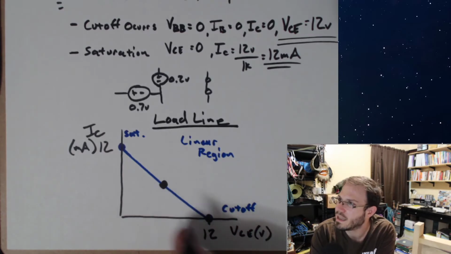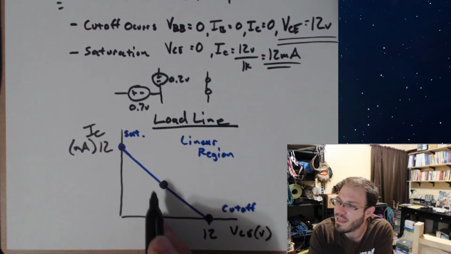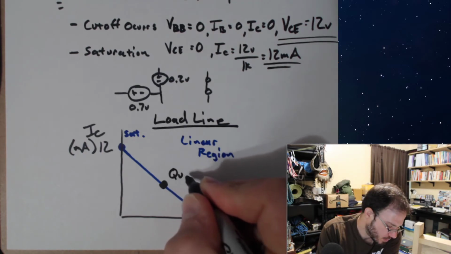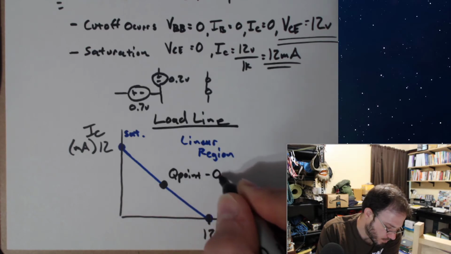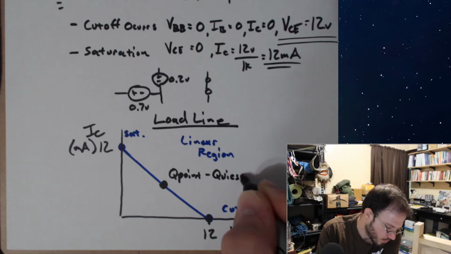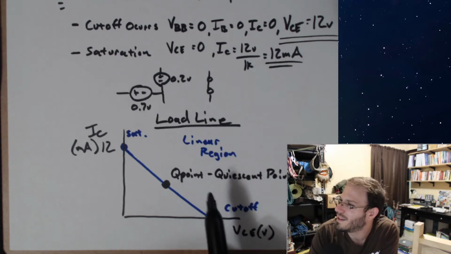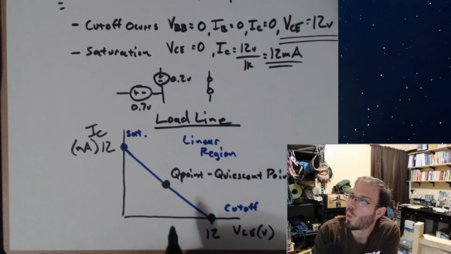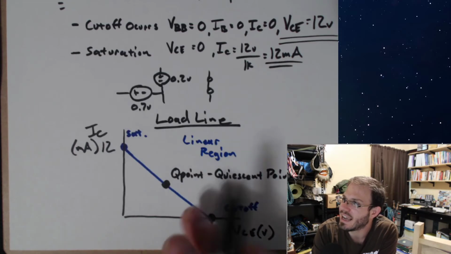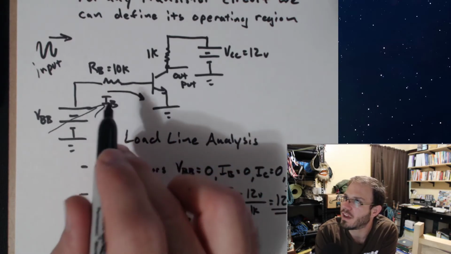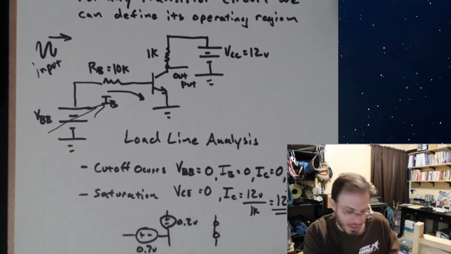Wherever that point is that we're currently operating at, we would call our quiescent point. Our quiescent point is just what specific IC and VCE we are at when we have a fixed base current going in.